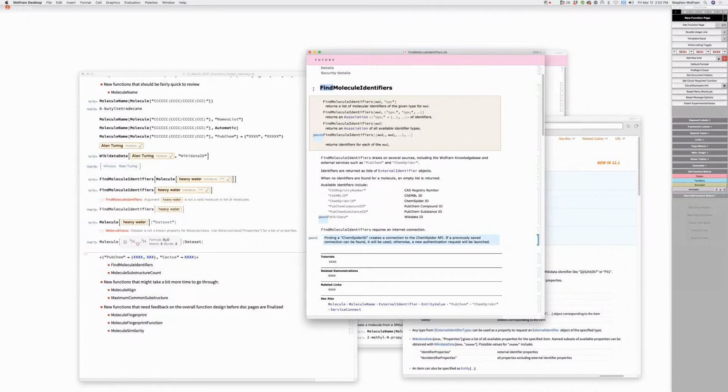Molecule value happily computes computed properties, which includes the SMILES string, which is a computed thing, right? Makes sense? Yes. The point I'm making is that the notion of a molecule identifier should include the SMILES, but the issue is these things are external identifier objects, not strings. The word identifier is used in two different meanings.